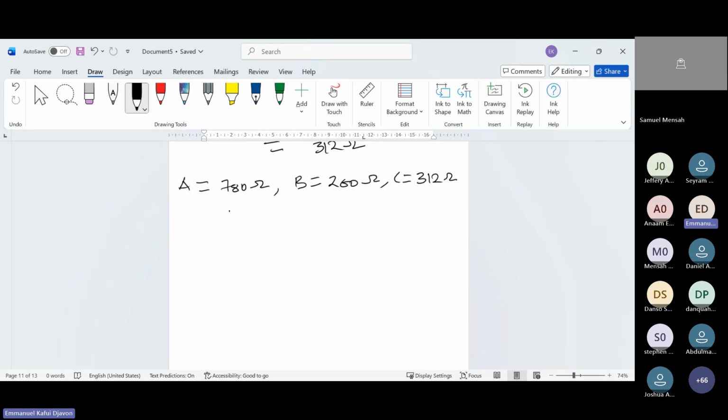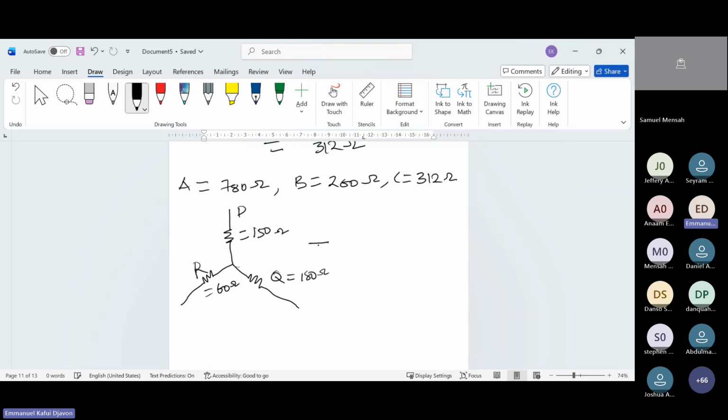The star question given to us looks like this. This is P, this is Q, this is R. P is equal to 150, Q is equal to 180, and R is equal to 60 ohms. They are all in ohms.